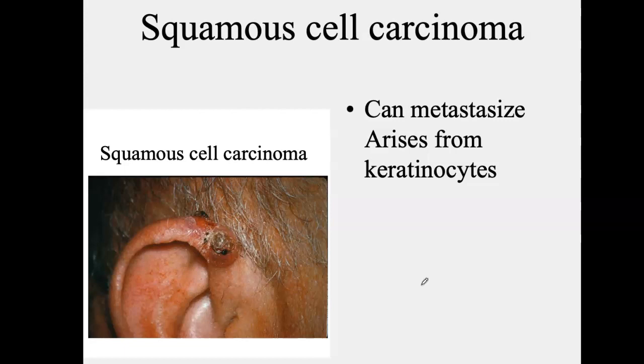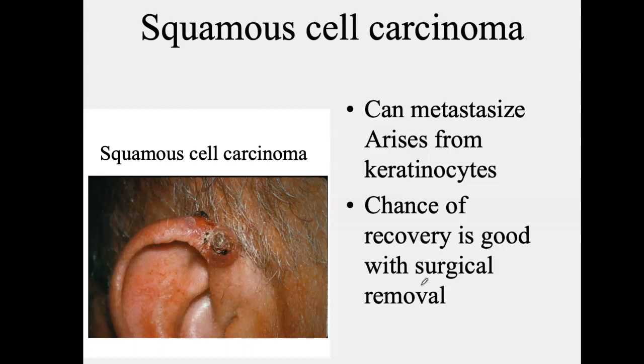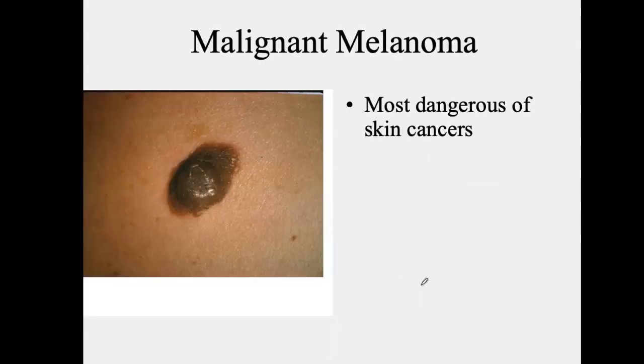So there's a very good chance of recovery if you remove these also. So squamous cell carcinoma also is something that, with the removal of all these cells, that mitosis stops because the cells that were overdoing that mitosis have been removed. That's squamous cell.